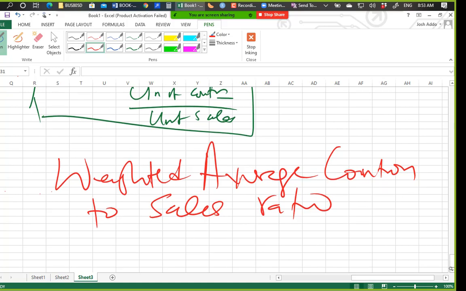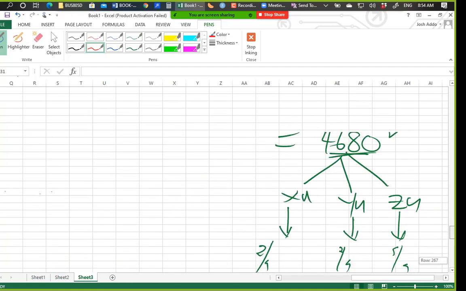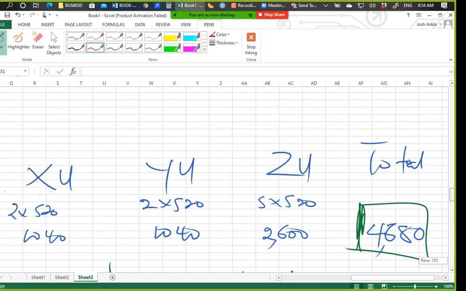How do we calculate it? And here in multiple product environment, just like in a single product environment, you have to be very particular. Quantity goes with quantity, revenue goes with revenue. And this is what I mean. When we were calculating the break-even quantity, the ratio between the products, the sales mix, was the physical quantities.